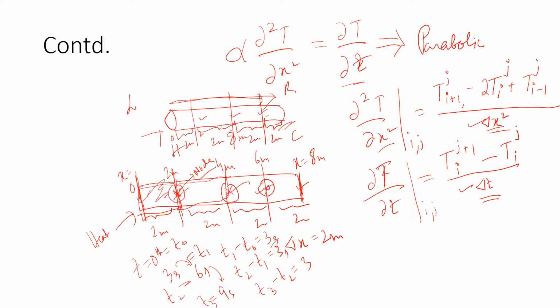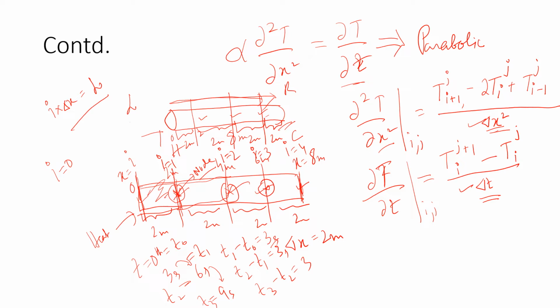So here what we want to know is, if I take x as i, and if this is i equal to 0, this is i equal to 1, this is i equal to 2, this is i equal to 3, this is i equal to 4, then if I multiply i with del x, we get the length of the rod interval.